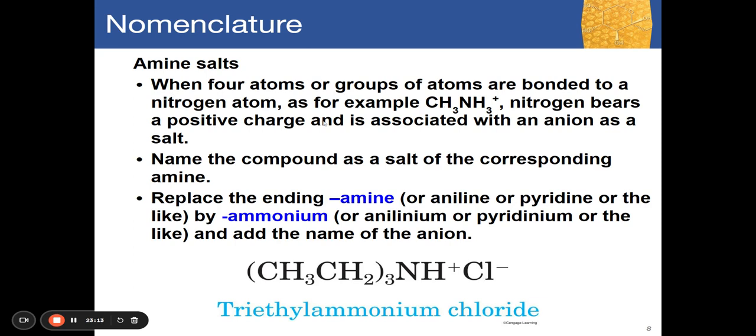Again, I'll repeat this. When four atoms or groups of atoms are bonded to a nitrogen atom, as in this example, the nitrogen here is bonded to three hydrogens and one carbon. That gives it four bonds, right? If you remember, nitrogen can only bond up to three, and it has two electrons that are unshared.